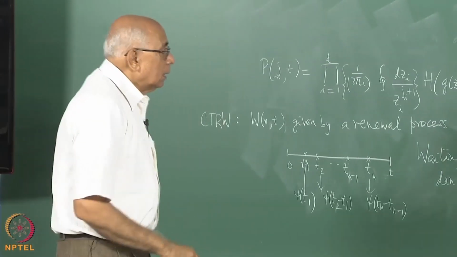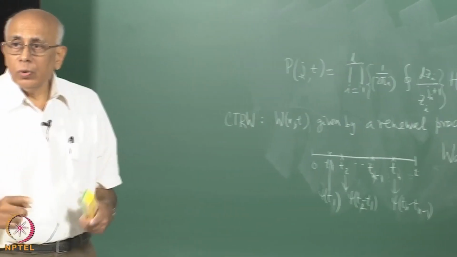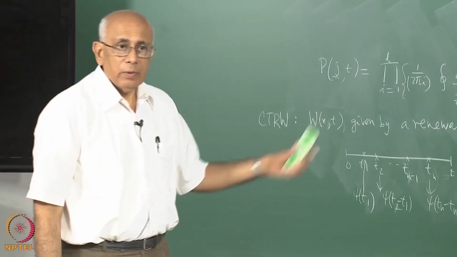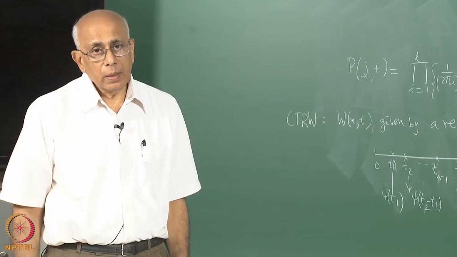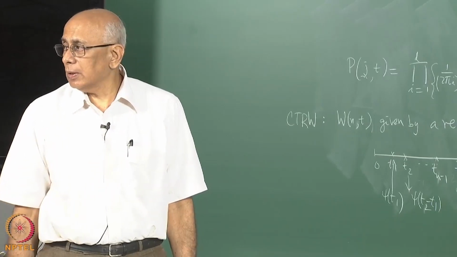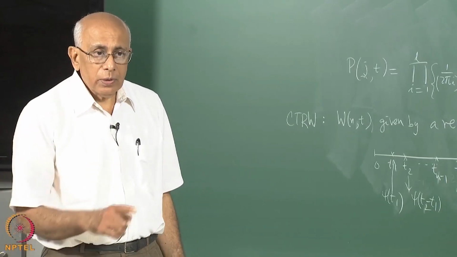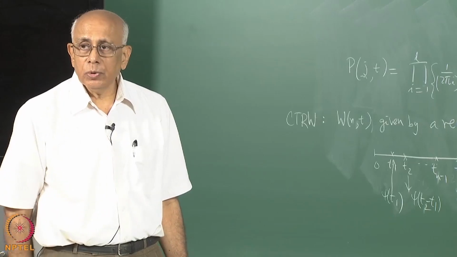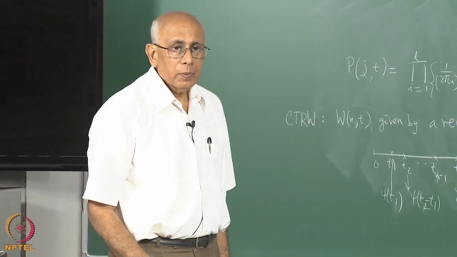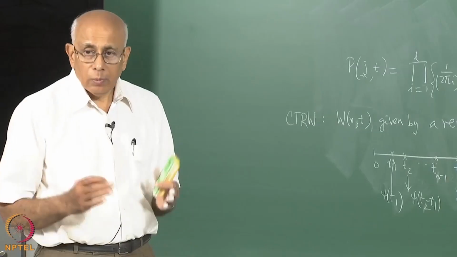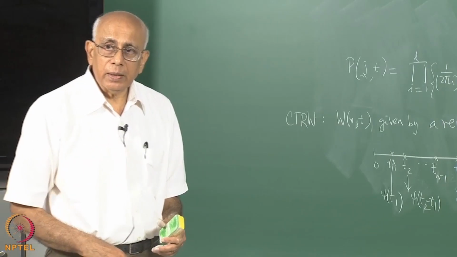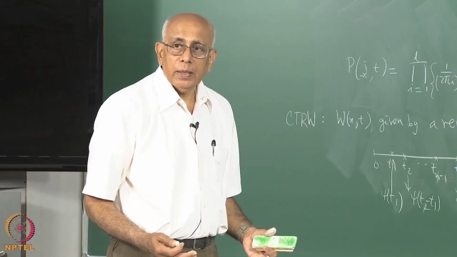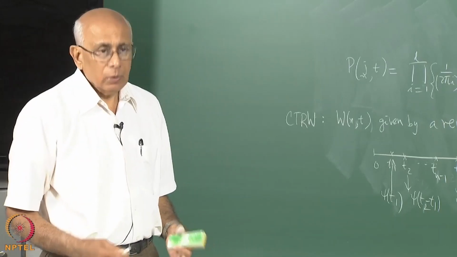This is guaranteed to give you, trivial to check, that W of n comma t is going to be the correct answer, which is a Poisson distribution. And what is W of 0 comma t when you have such a Poisson distribution? W of n comma t is (lambda t) to the n over n factorial, e to the minus lambda t. So what is W of 0 comma t? E to the minus lambda t.